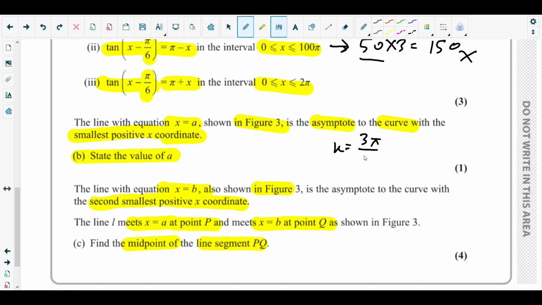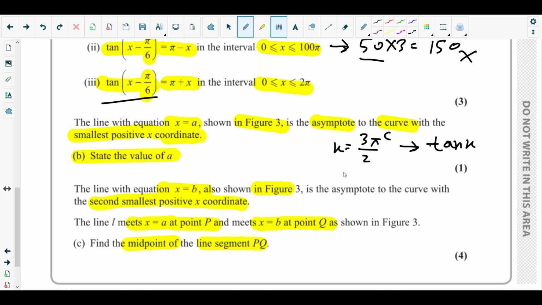3 pi over 2 radian is in the curve of tan x. So tan x minus pi over 6 is basically a translated graph, right? How does it get translated? We add pi over 6 to 3 pi over 2.